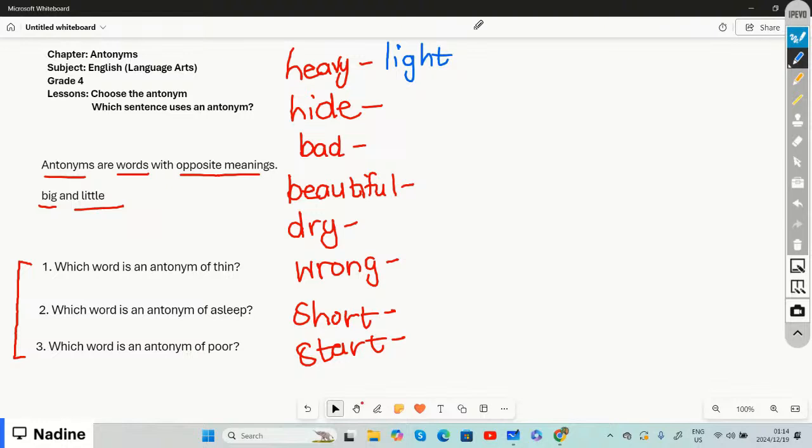Yes, the opposite of hide, not finding, but to show. So it's either you're hiding something or you're showing something.